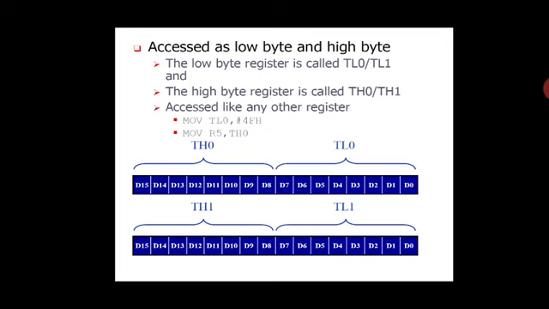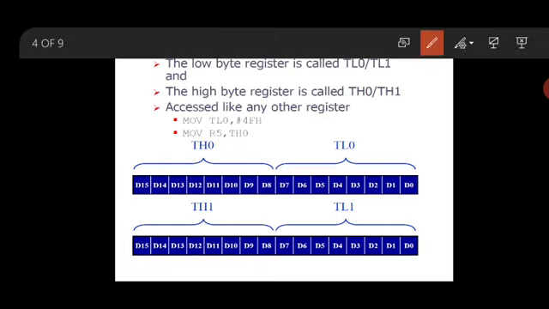As I told previously, a timer is composed of two parts, a lower part and a higher part. It is divided into TL0 and TH0, the lower byte and higher byte of timer 0. Similarly, there is one more timer, timer 1, with lower byte and higher byte, TL1 and TH1.